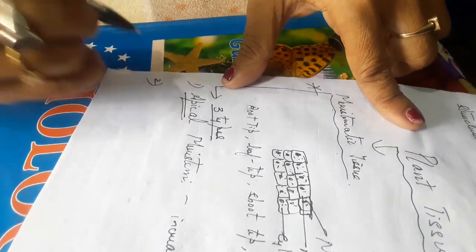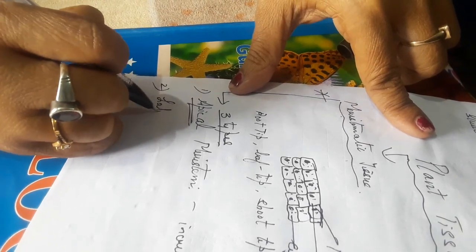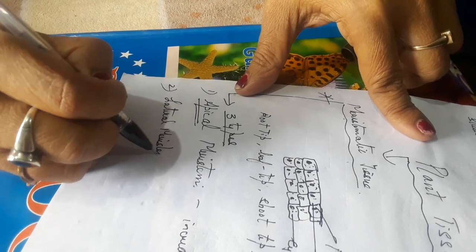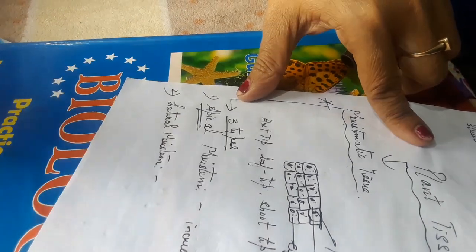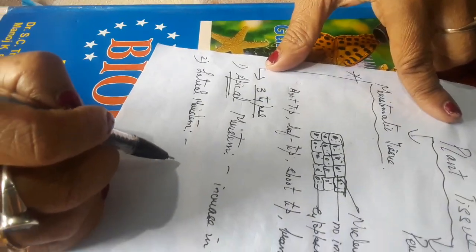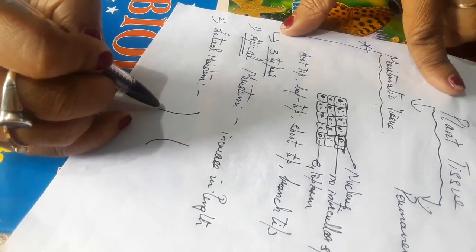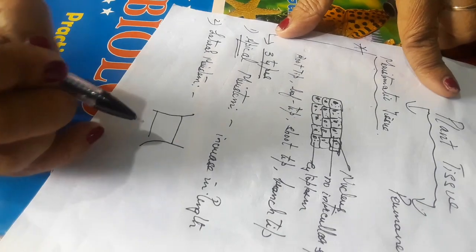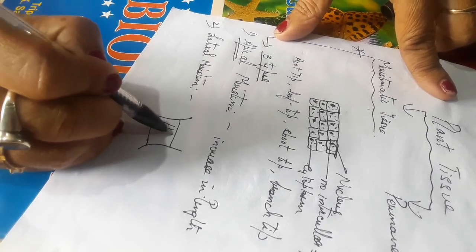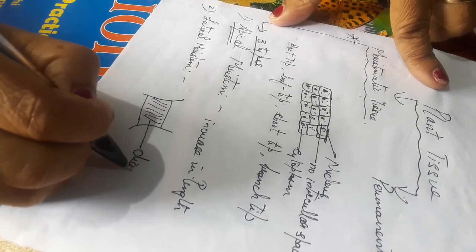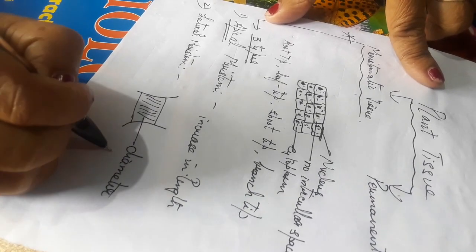Next we have lateral meristem. They are found parallel to the axis of the plant, that means usually at the stem. They are responsible for increase in the diameter or girth of the plant.